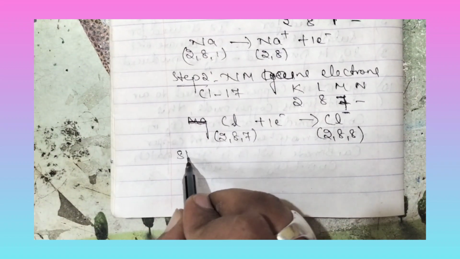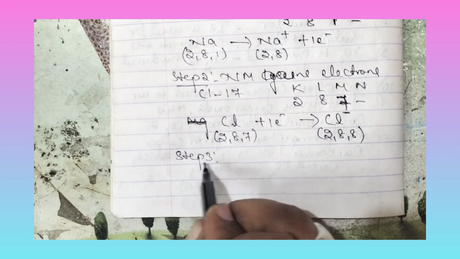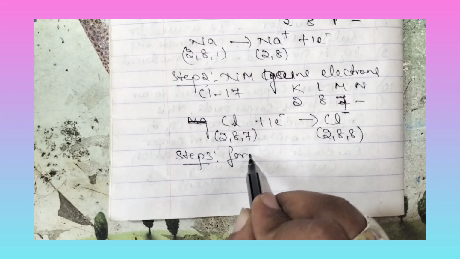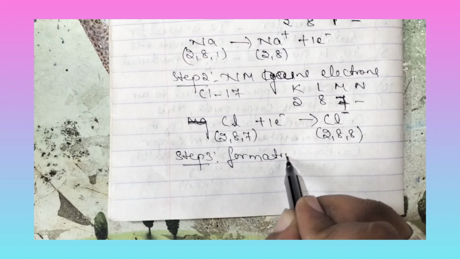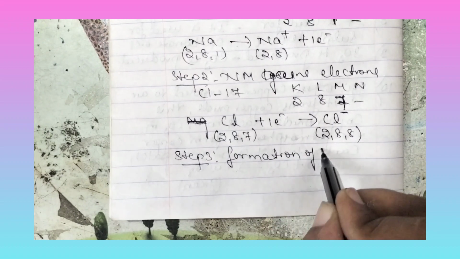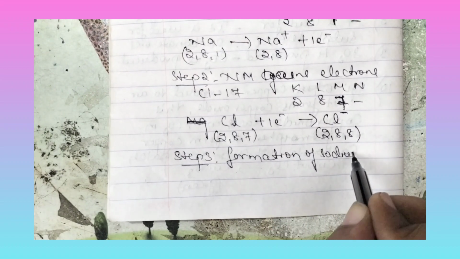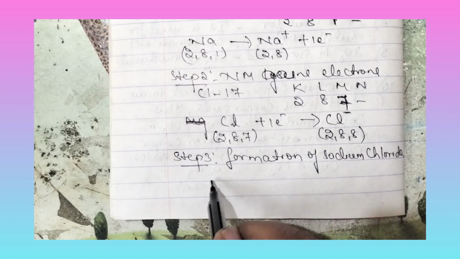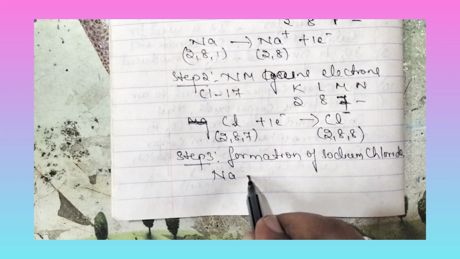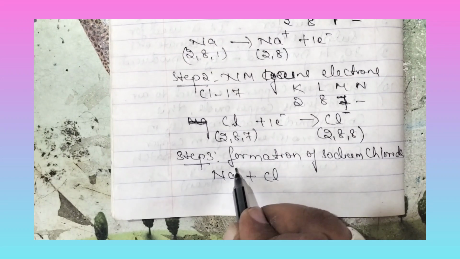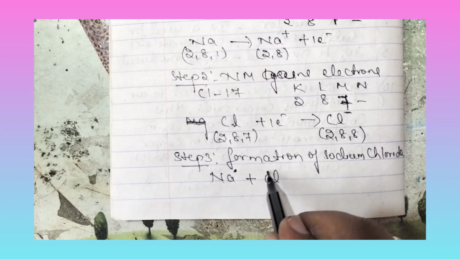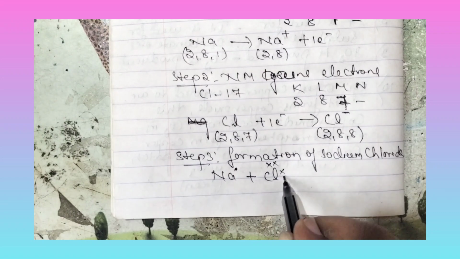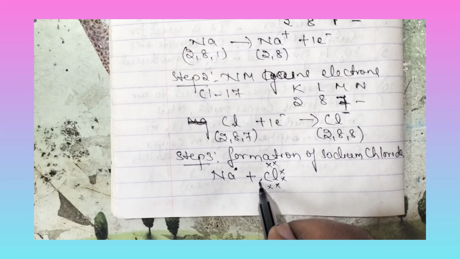Then step number 3, formation of sodium chloride. So Na plus Cl. So 1 electron will be there, then 7 electrons.